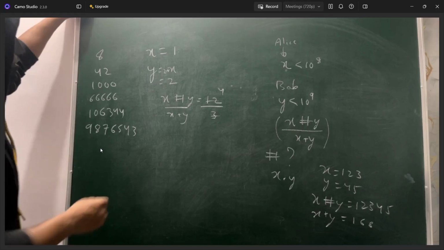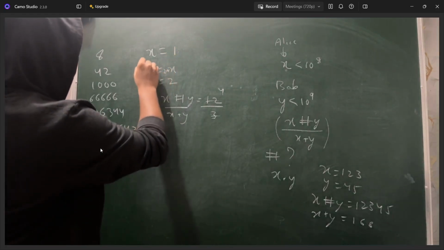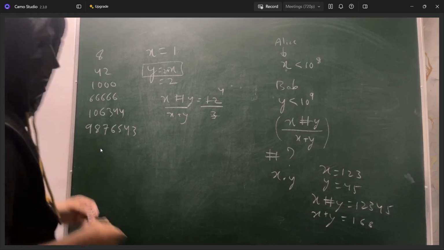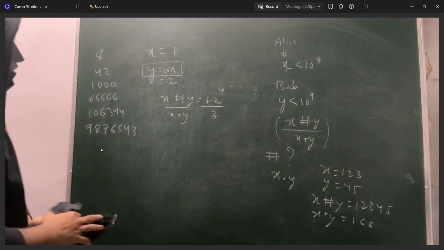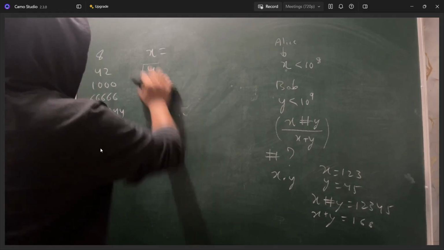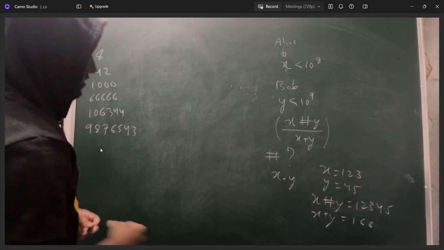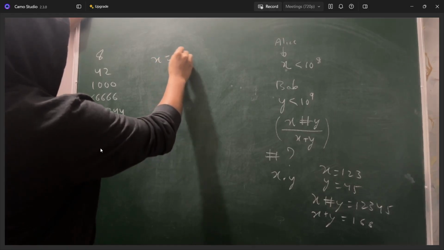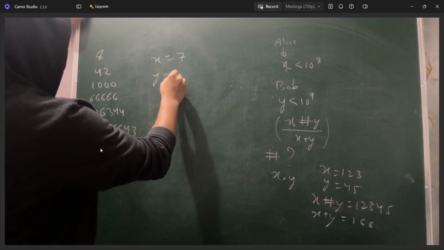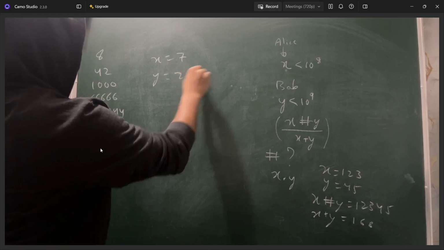So whenever we have x as an odd number, we take y as 2 times x. Let me take another example and tell you. Let's say we have x as 7. So your y will be 2 times 7, which is 14.